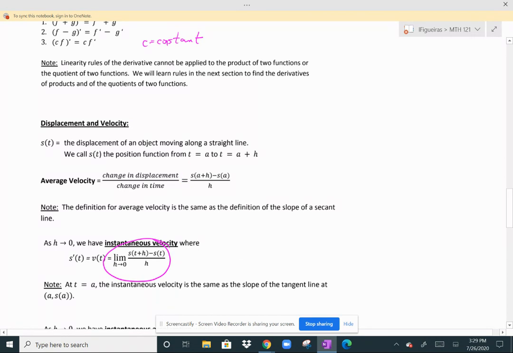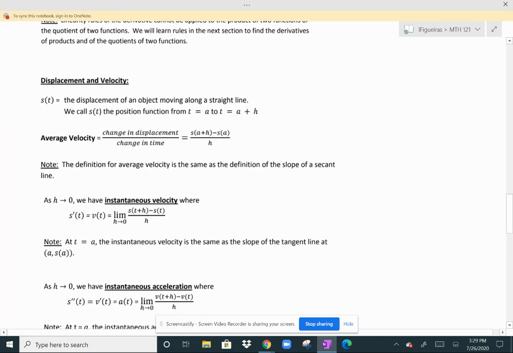So the derivative of your displacement or position function is your velocity function, and the definition of instantaneous velocity is what you see here circled. And again, from a graphical perspective, the instantaneous velocity is computed the same way you would compute the slope of a tangent line to a curve at a particular point.